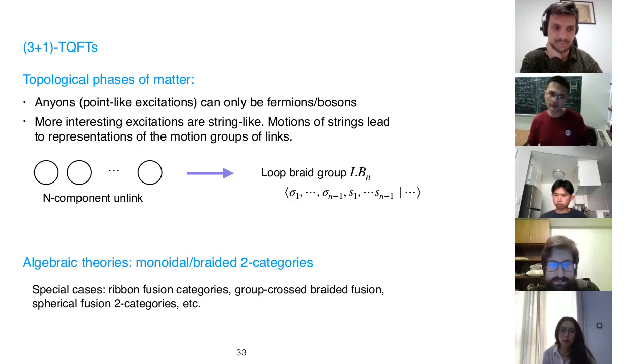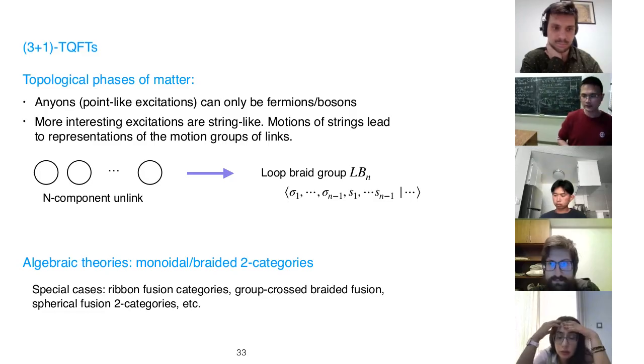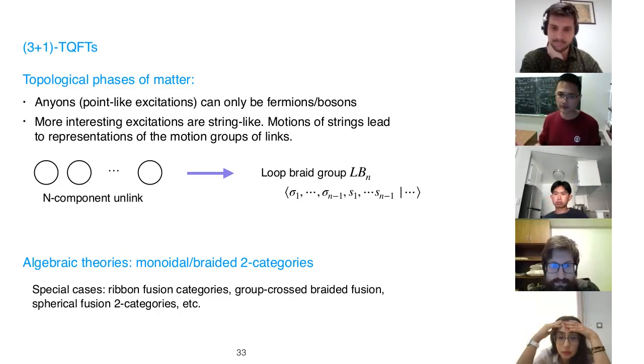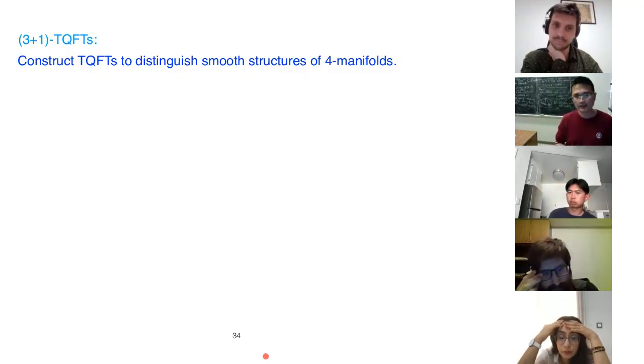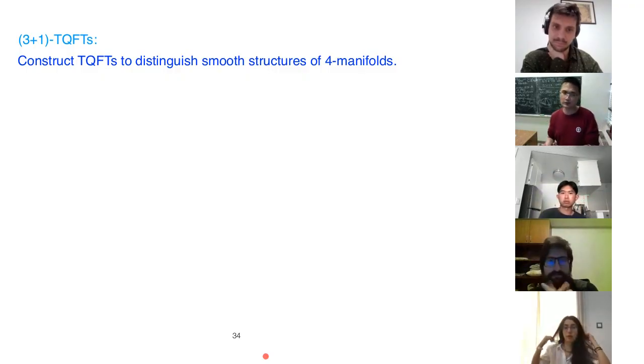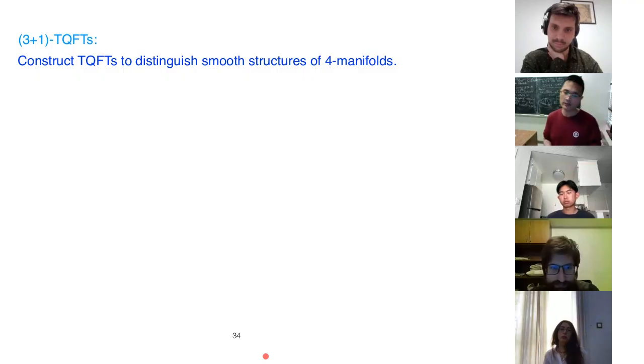The algebraic theory of these topological phases of matter is generally believed to be related to higher categories, more precisely braided monoidal 2-categories, which include special cases like ribbon categories or spherical fusion 2-categories. For 3+1 dimensional TQFTs, one important application is to construct TQFTs which provide powerful invariants of 4-dimensional manifolds.